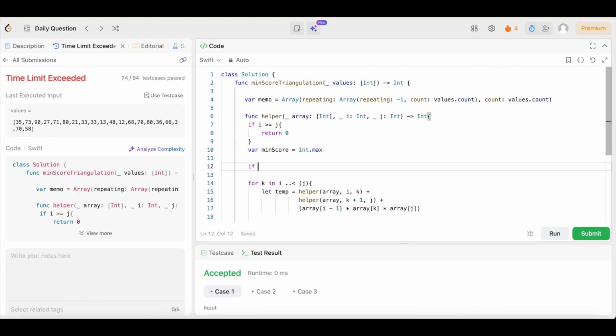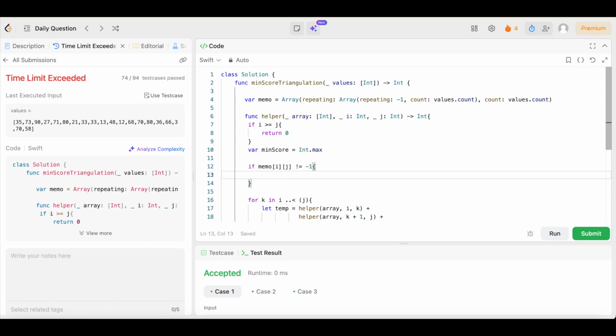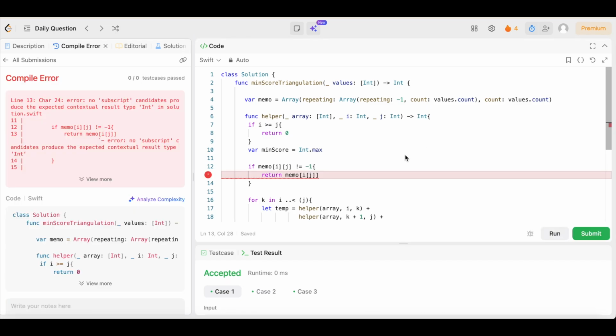So we come right here, we'll say if memo, square bracket I, square bracket J does not equal -1, then we're going to open up the brackets and we are going to say return memo, square bracket I, square bracket J. Now that should work. Now let's go ahead and submit it. Make sure that's what was messed up.